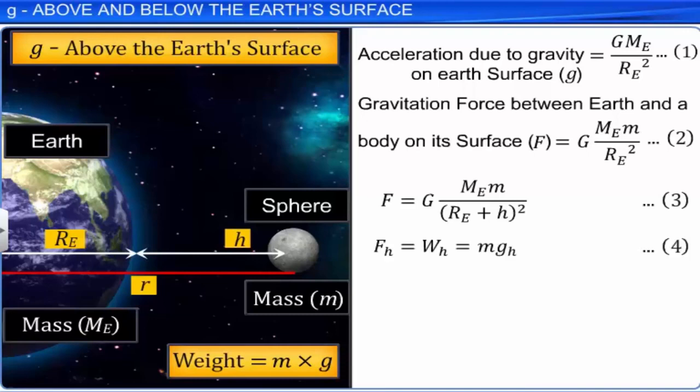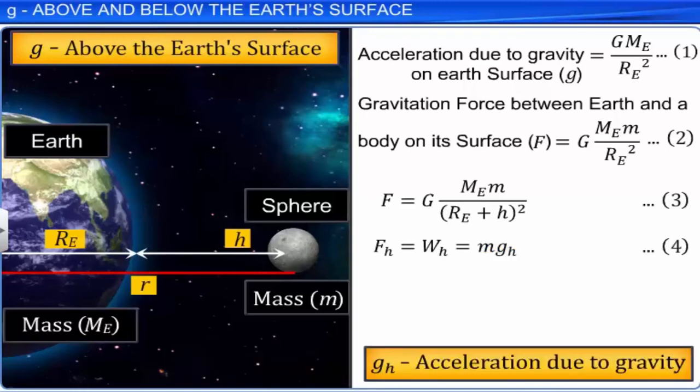In this equation, Gh is acceleration due to gravity at a given height from the surface of the Earth. We can obtain acceleration due to gravity at a given height by equating 3 and 4. Let this expression be equation 5.